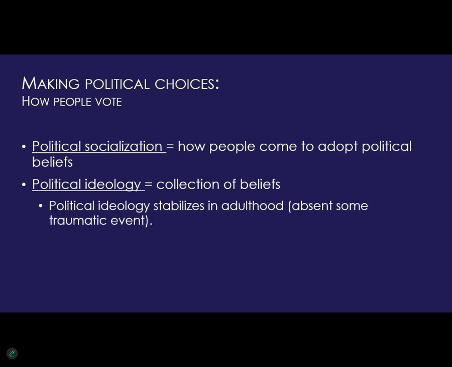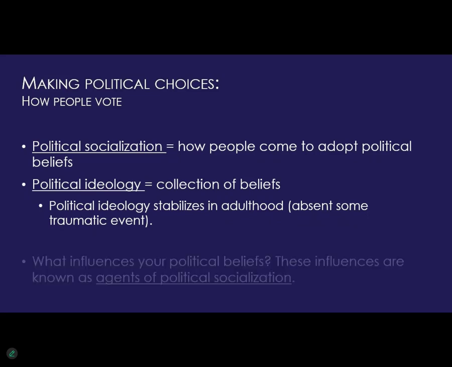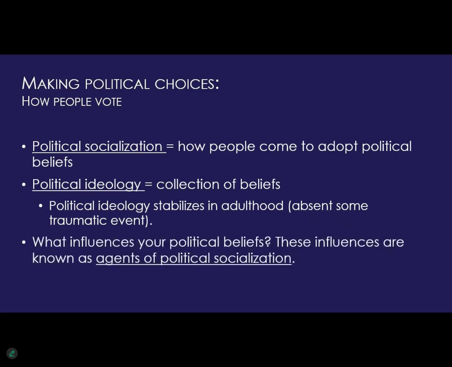Political ideology tends to stabilize in adulthood. So what you think now, your beliefs now, are unlikely to change unless you experience some sort of traumatic event. The things that influence your political beliefs are known as agents of political socialization.